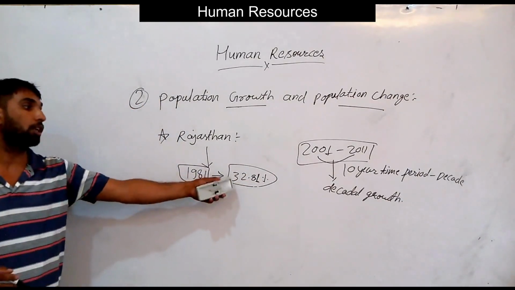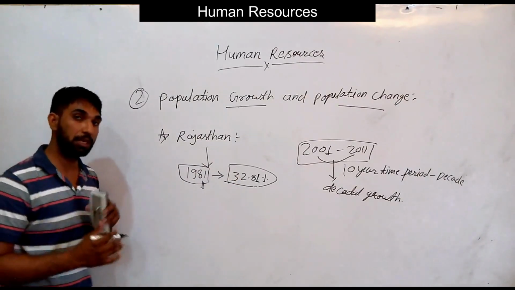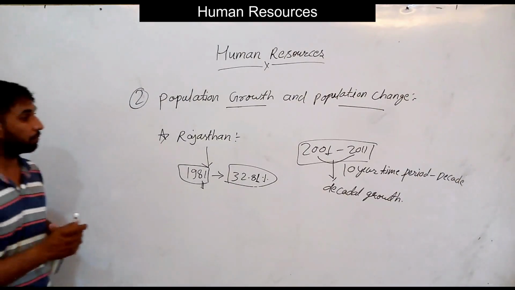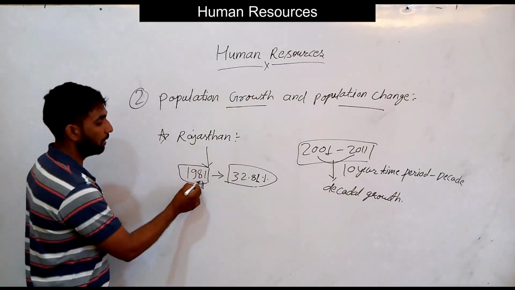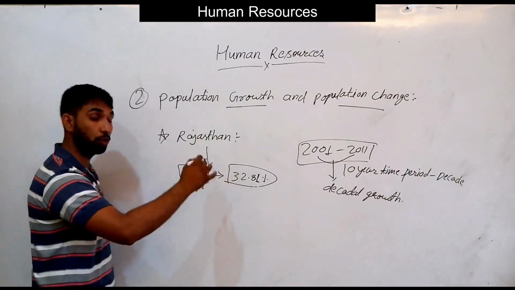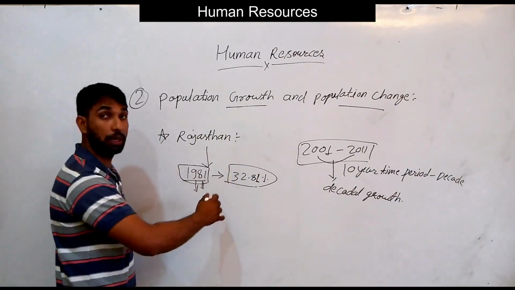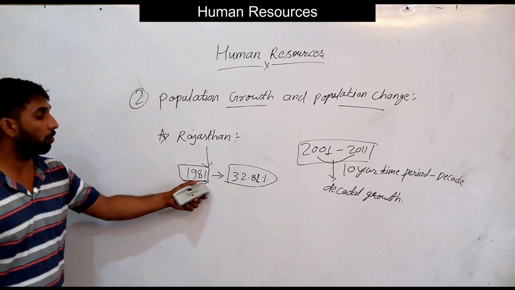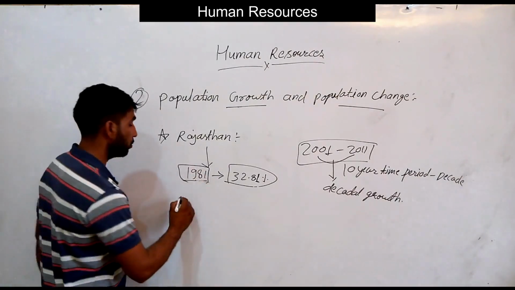It means every year 32.81 number of persons are increasing in Rajasthan. Gradually, as we have seen at the national level before 1981, the decadal growth rate of population increased. Same here, Rajasthan's growth rate also increased in that period till 1981. After that, it gradually decreased.